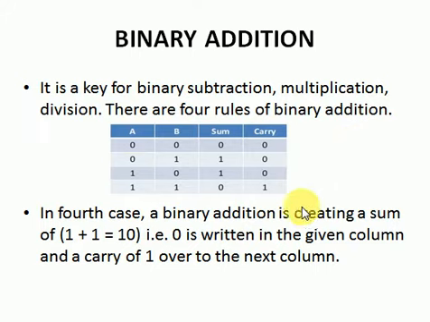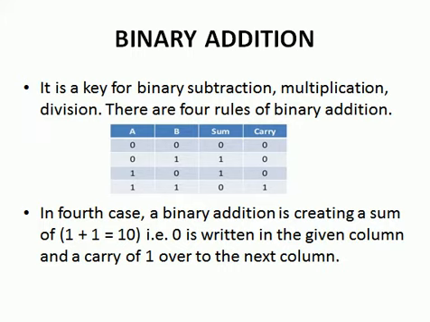You should write 0 in the place of the sum, and 1 as a carry towards the next digit. So 1 plus 1 equals 10, and 0 will be written in the place of sum and 1 is the carry. This is the fourth case I am explaining to you.